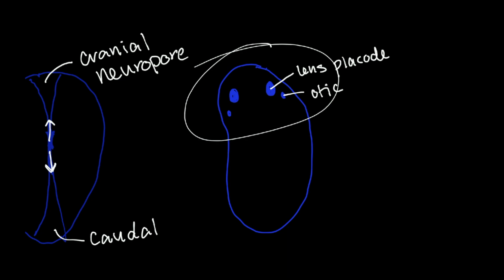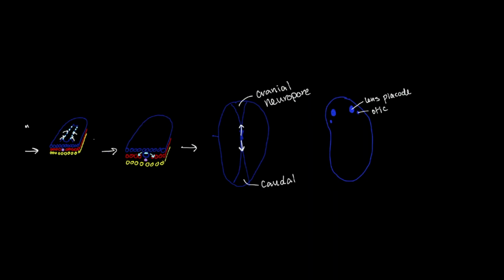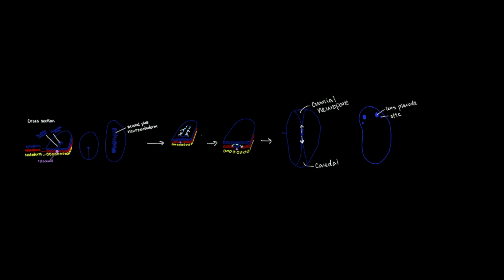And what you can imagine is the lens placode will form the lens of the eye, and the otic placode will form a pocket. It will invaginate into the ectoderm and form the structures of the ear that are responsible for hearing and equilibrium. So that summarizes the ectoderm.